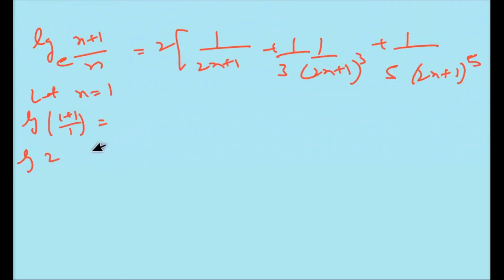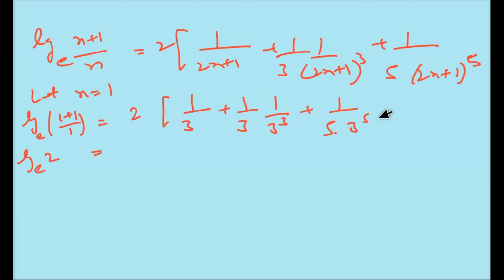Okay, so we got the value of log 2 at e base. So what is the value of log 2 at e base? 1 upon (2·1 plus 1), that is 3, so 1 upon 3, plus 1 upon 3 cube, plus 1 upon 5 times 3 to the power 5, and so on.